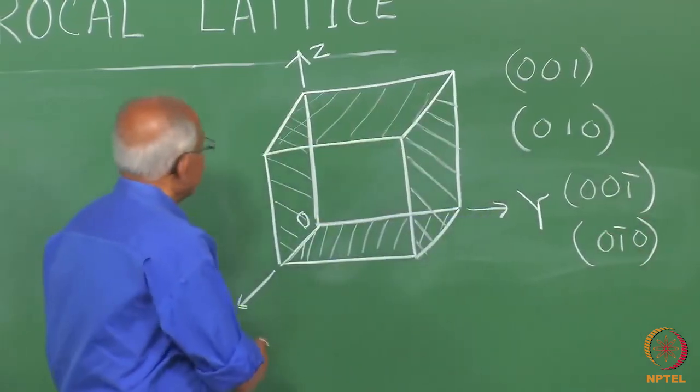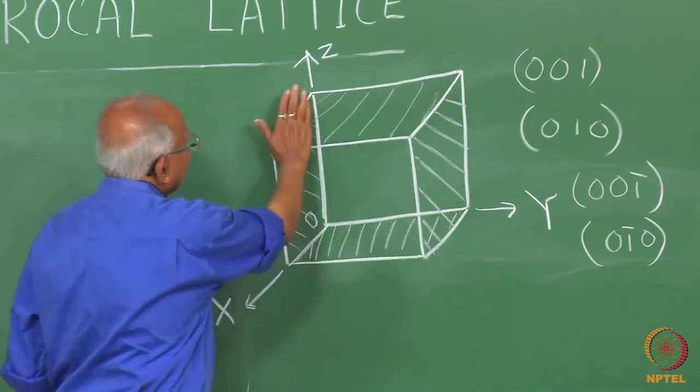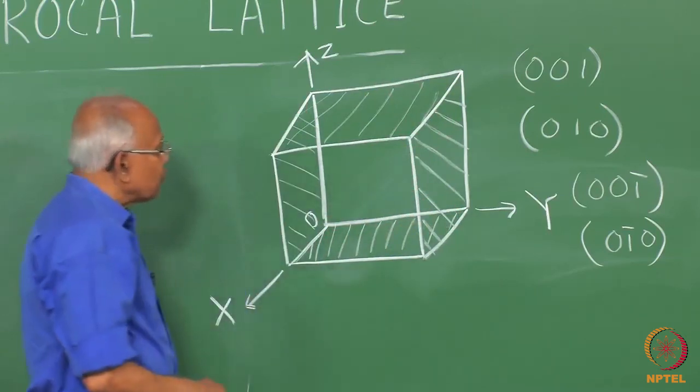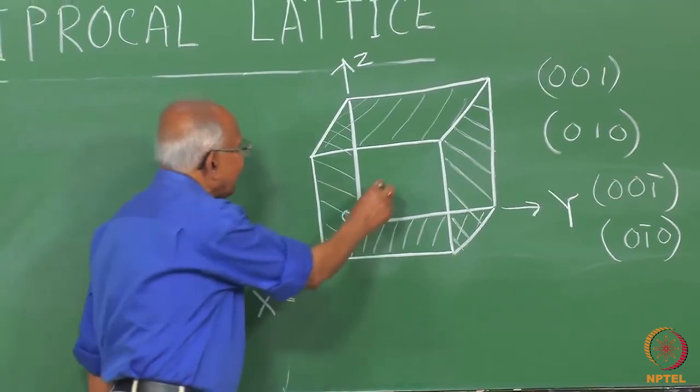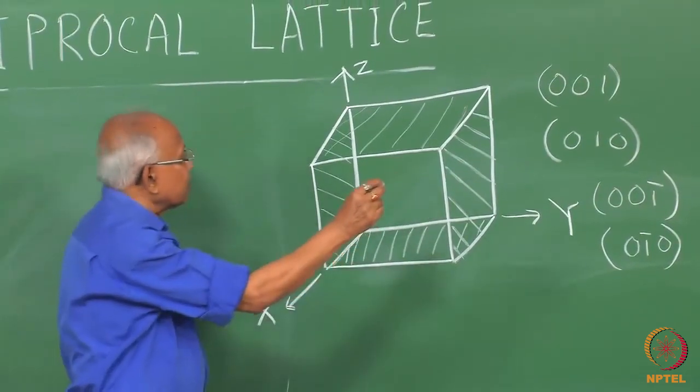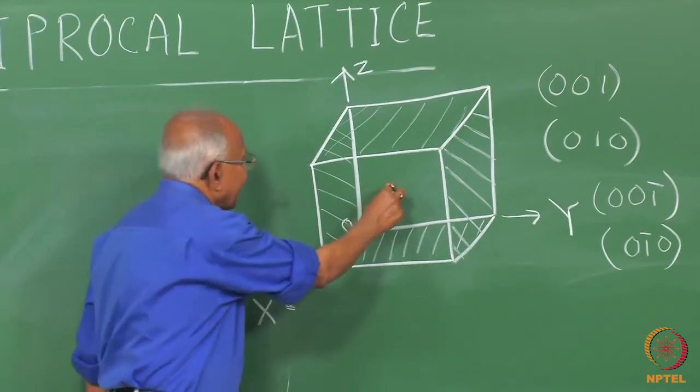So, the top plane, the right hand side plane, the bottom plane and the left hand side plane, each one of them is parallel to an axis perpendicular to the plane of the board. That means, what is this direction?